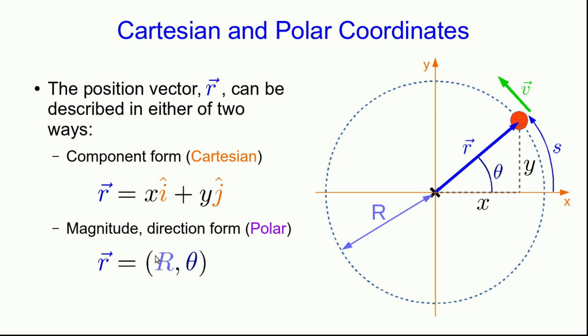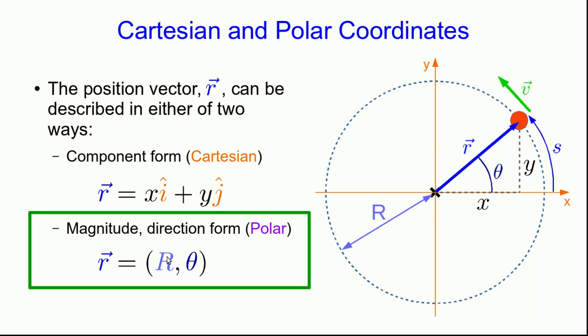And so one part of the magnitude direction form is staying the same all the time, and we only have to track the angle. For this reason, usually magnitude direction form is more convenient for describing circular motion because you can just focus on the angle, which is the only part of the position vector that's changing.